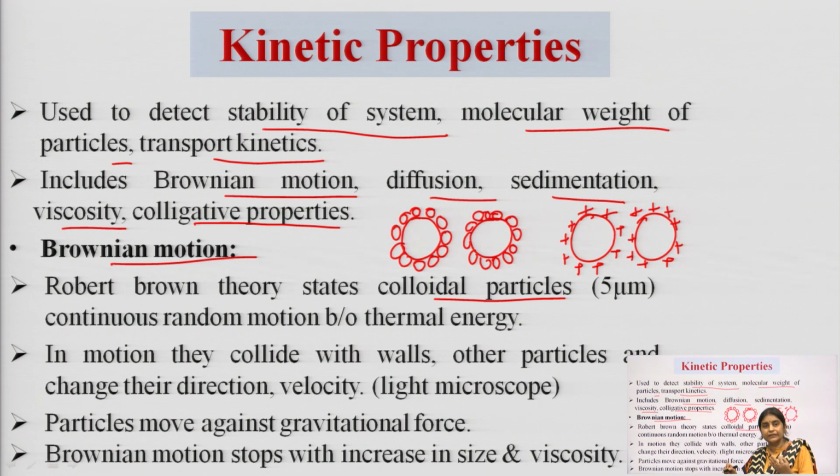So two particles repel each other, the particles do not aggregate, and the Brownian motion is maintained. So, especially in dispersion systems, if the Brownian motion is maintained, then the colloidal dispersion systems will be stable.